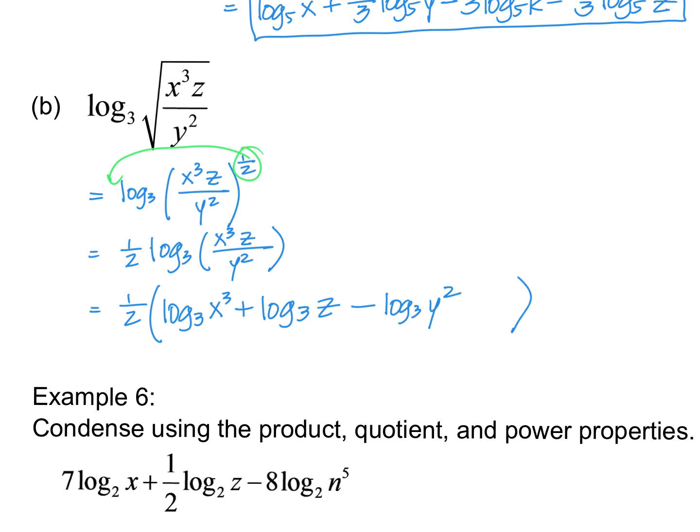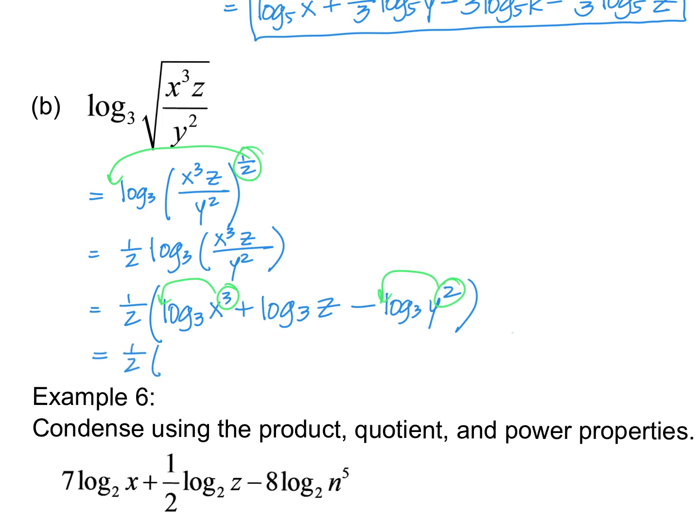Now notice that we have a plus sign here because x cubed and z are being multiplied. Notice we have a minus sign here because y squared appears in the denominator. So any part of the argument that is in the denominator would have a minus in front of that log. All right, now next we're going to move this 3 to the front and move this 2 to the front using the power property.